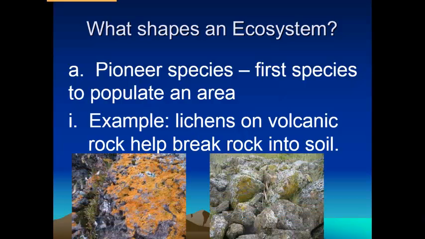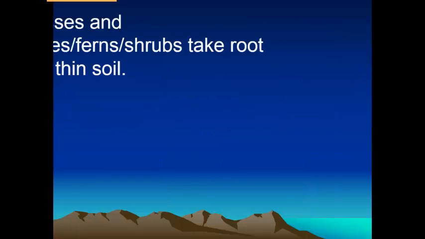Lichens almost look mossy. In these examples they are growing on rocks, so they are actually breaking the rock down, but it looks like moss almost. It does come in different colors. This one is orange, this one in this picture is green. Those are examples of lichens.